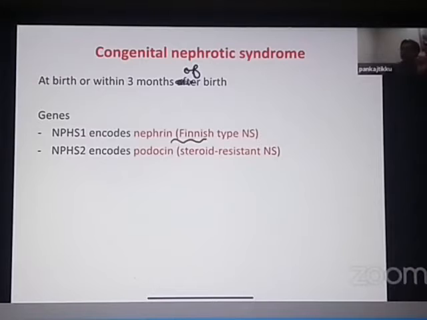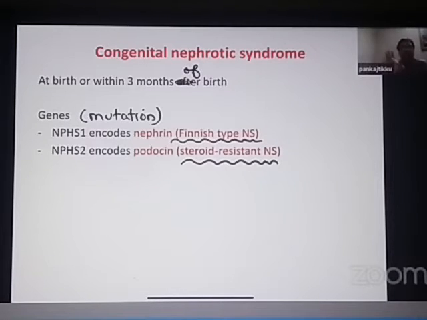The Finnish type of nephrotic syndrome, which is a type of congenital nephrotic syndrome, usually occurs because of mutation in the NPHS1 gene, which codes for nephrin, and the steroid resistant nephrotic syndrome occurs because of mutation in the NPHS2 gene, which encodes podocin. So there should be no confusion. Mutation in NPHS1, which encodes nephrin, results in the most common type of congenital nephrotic syndrome, the Finnish type.